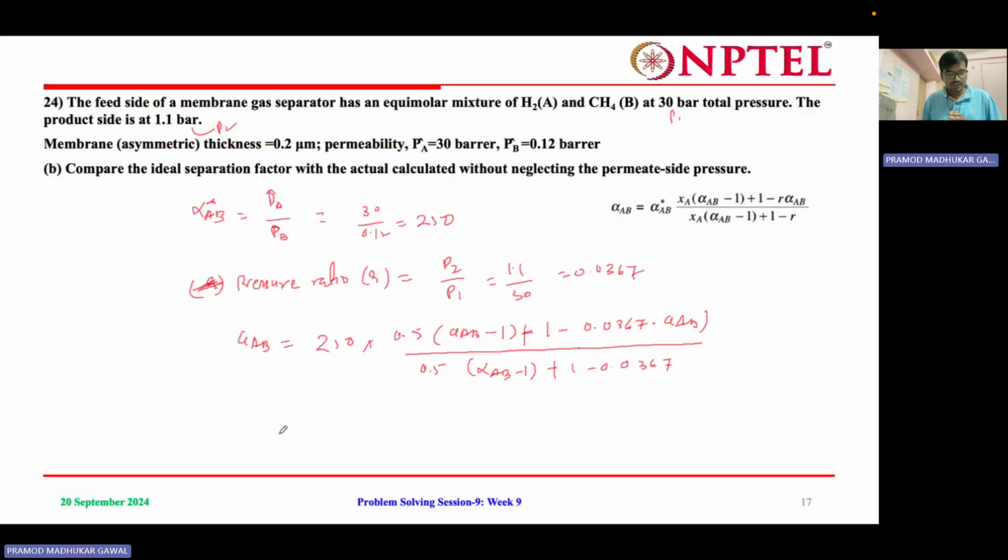After calculating, we get a quadratic equation: alpha squared minus 230.7 alpha AB minus 250. After solving this, alpha is equal to 232, which is less than the ideal separation factor alpha AB star.